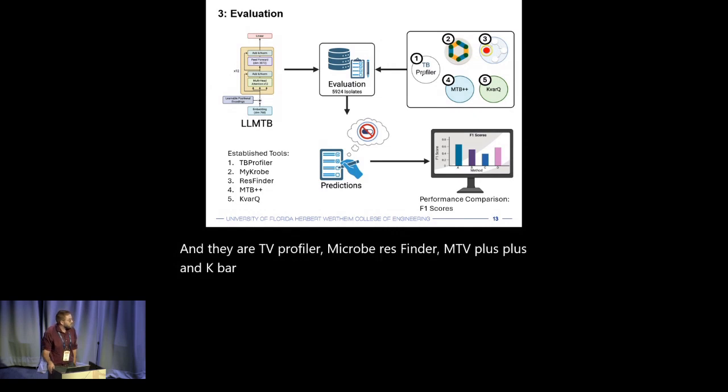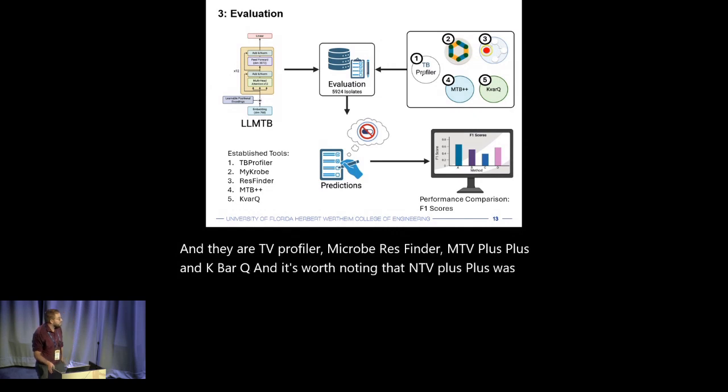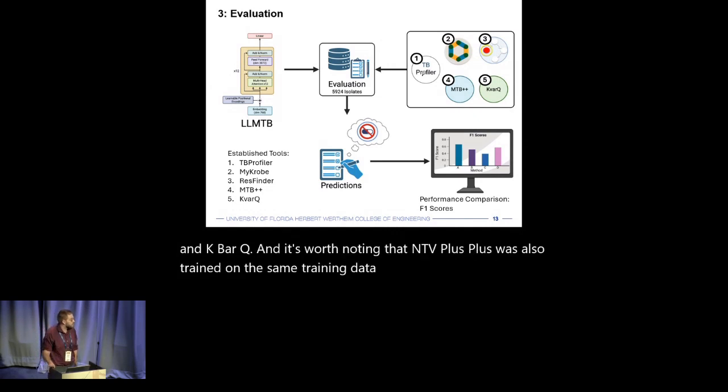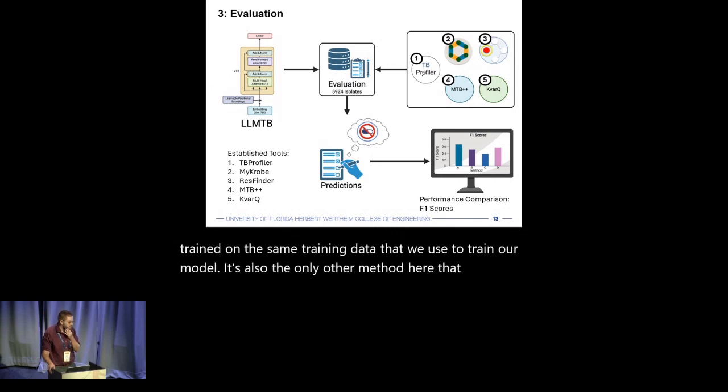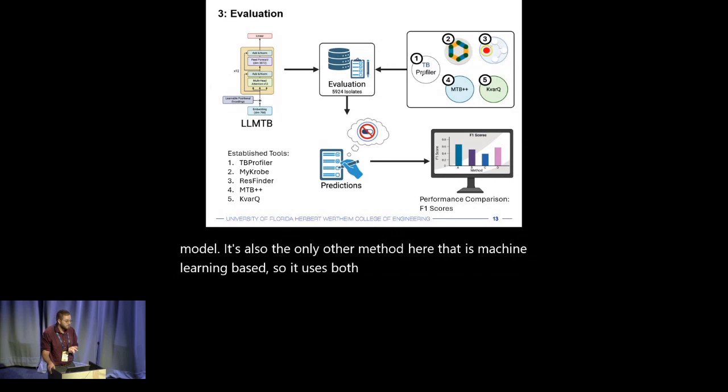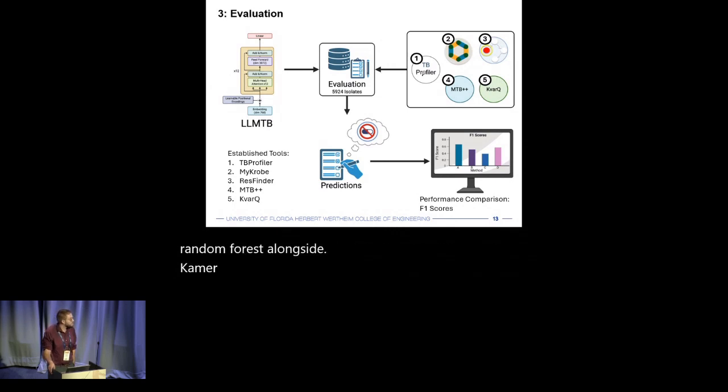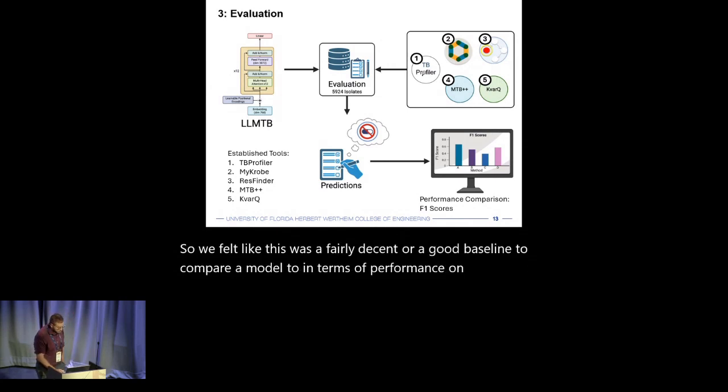It's worth noting that MTB++ was also trained on the same training data that we used to train our model. It's also the only other method here that is machine learning based, so it uses both a logistic regression and a random forest alongside K-mer and feature analysis to provide an output. So we felt like this was a good baseline to compare our model to in terms of performance on this holdout set.